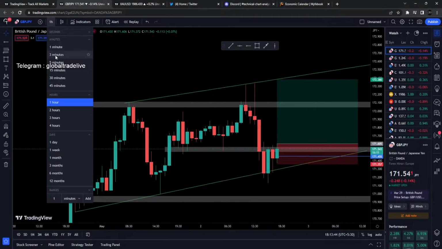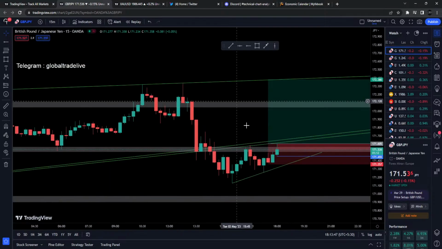The 15-minute candle is about to close in 1 minute.